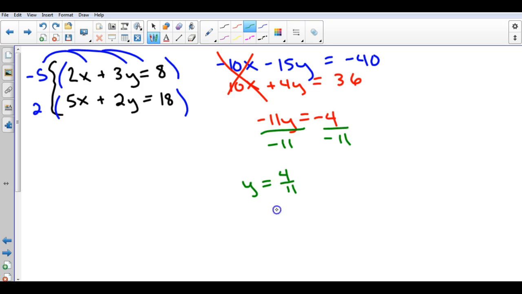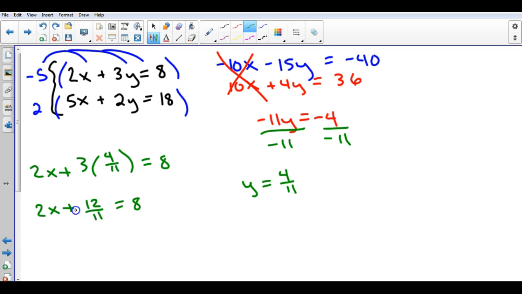So to figure out what my x-coordinate is, I substitute 4/11 in for y, again in either of these original equations. So I'll pick the top one. I'm going to do 2 times x plus 3 times my 4/11 and set that equal to 8. So I have 2x plus, this is going to come out to 3 times 4/11, which is 12/11, set equal to 8.